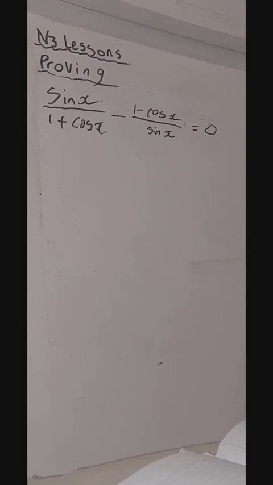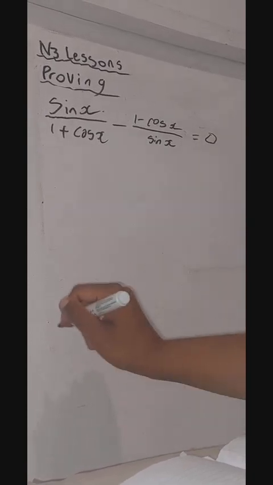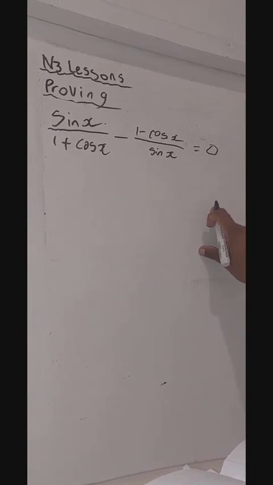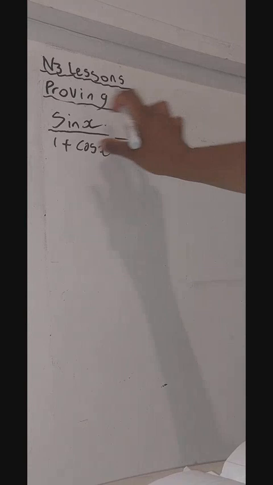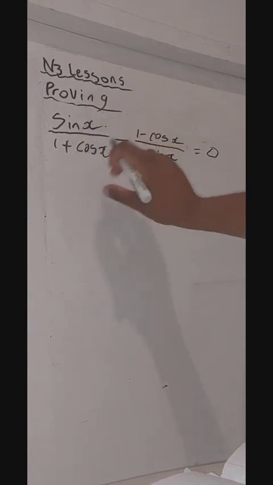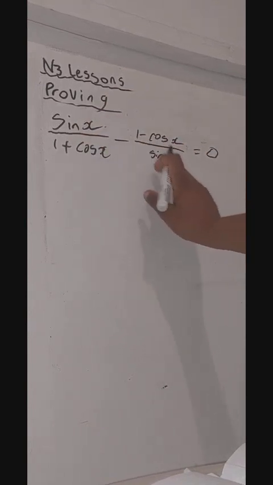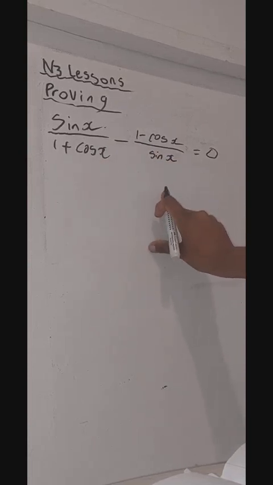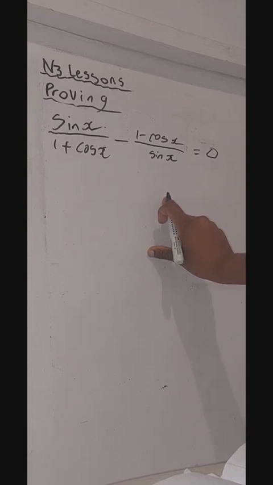Okay, let's do this question. It is equal to 0. What can we do here? Since we're dealing with minus, that means these are two separate equations. So what can we do to make them one? To make them one, we can do LCD.